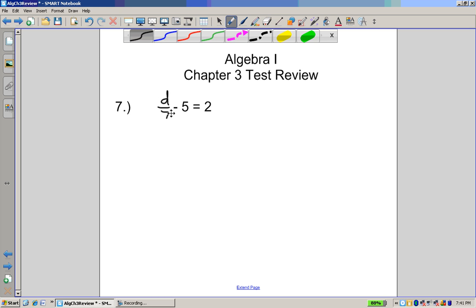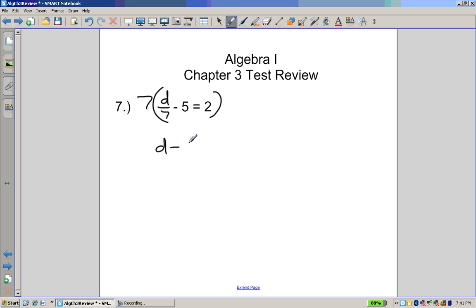Okay, the least common denominator, there's only 1, should be 7. So I'm going to go ahead and multiply by 7. The shortcut is divide by the denominator, multiply by the numerator. 7 divided by 7 is 1 times d is d, or you could say 1d. 7 times, I have to distribute to each of these parts. 7 times 5 is 35. 7 times 2 is 14.